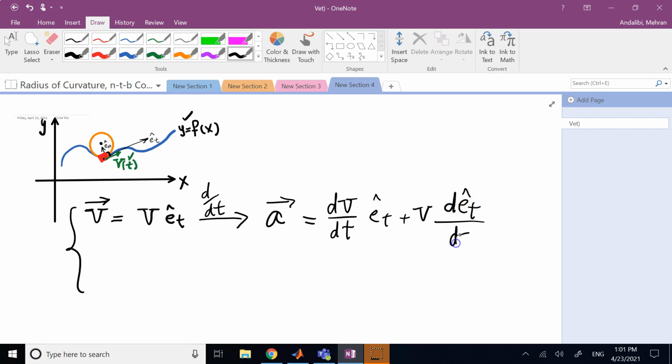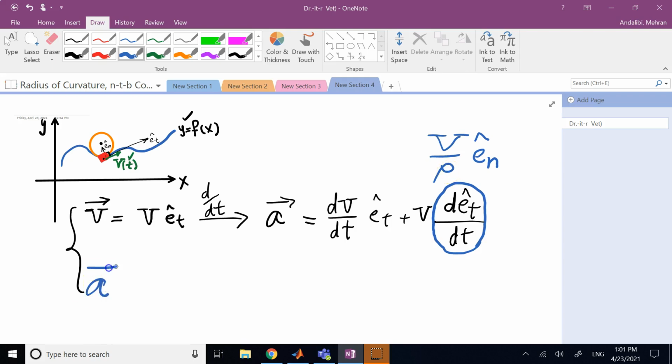And again, this derivative exists because ET does change orientation. Then, through simple geometry, you can show that the time derivative of this ET vector is in the EN direction, and the magnitude of it is going to be V over rho, where V is the current speed and rho is the current, or local, radius of curvature.